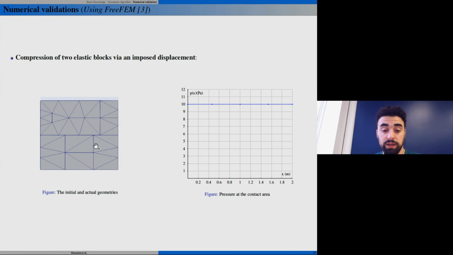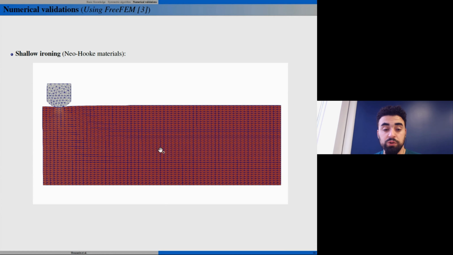Here we don't see a horizontal displacement because the Poisson ratio is equal to 0, and the goal of this problem is to ensure that the pressure is transferred through the contact area to the second body. And here on the right figure, we can see a constant pressure.